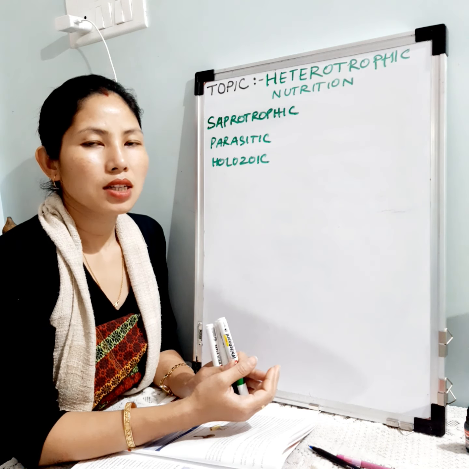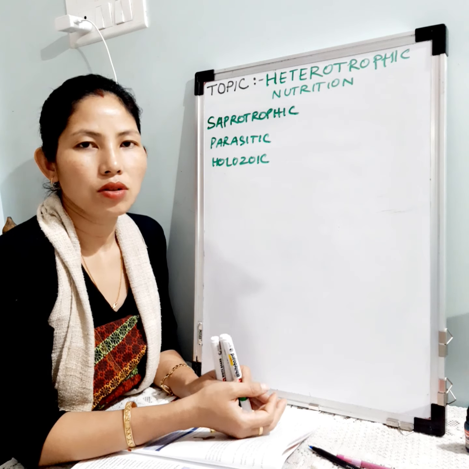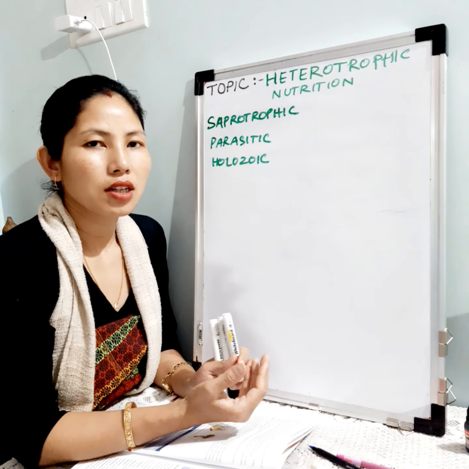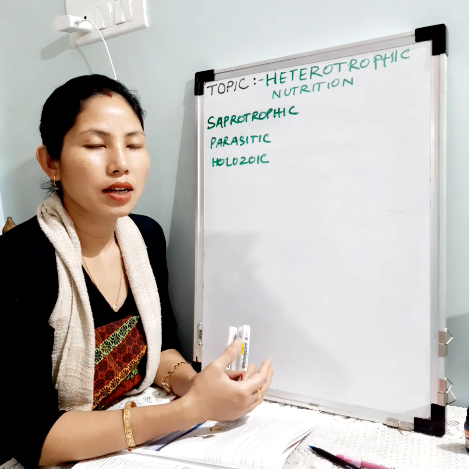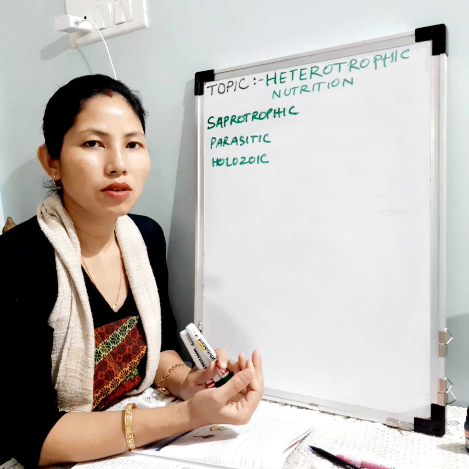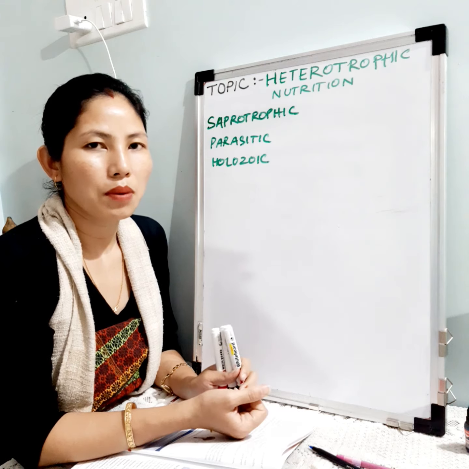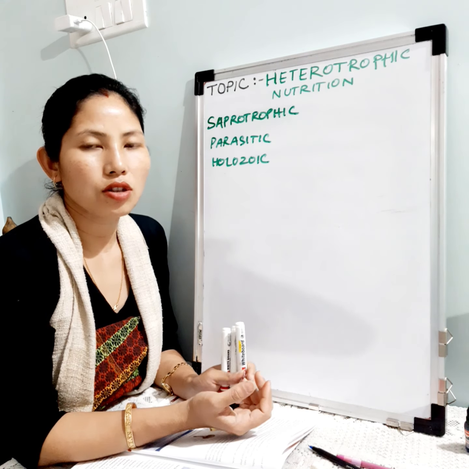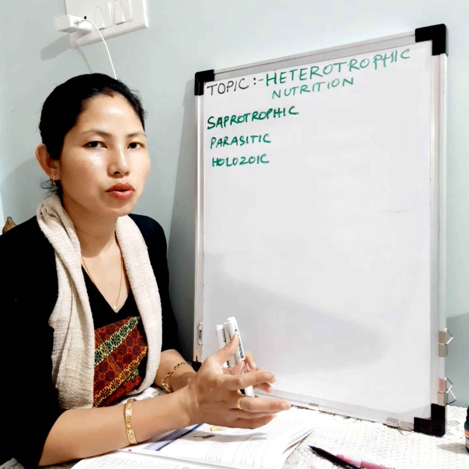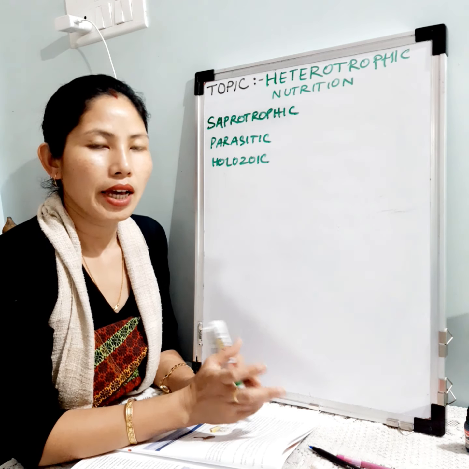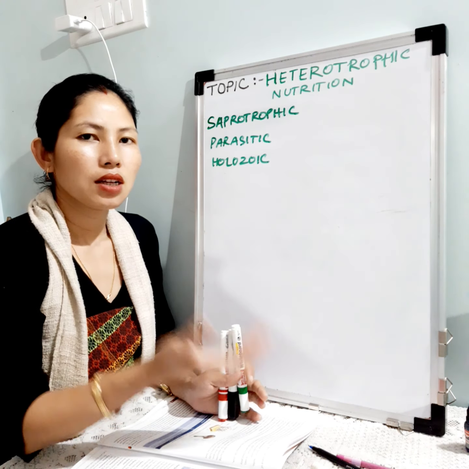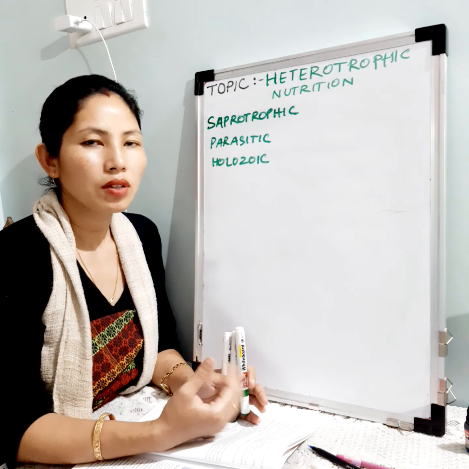So these parasites can either be ecto or endo. Ectoparasites are those that grow outside the body and absorb the already digested food by sucking the blood. For example, leeches. Okay, leeches are ectoparasites. They stick to the body of the animal and suck their blood, and while sucking the blood, they take their food.